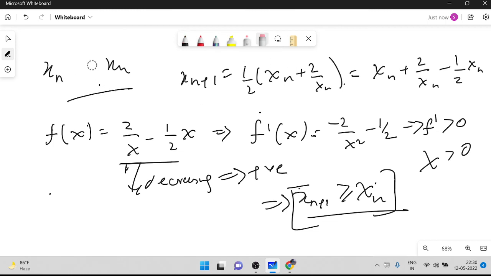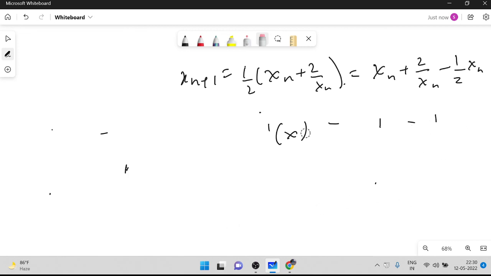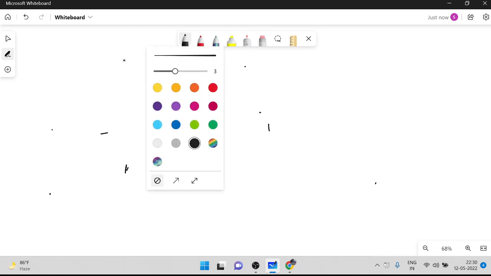So what does it converge to? I'll show. Because it is convergent, let L be its limit.